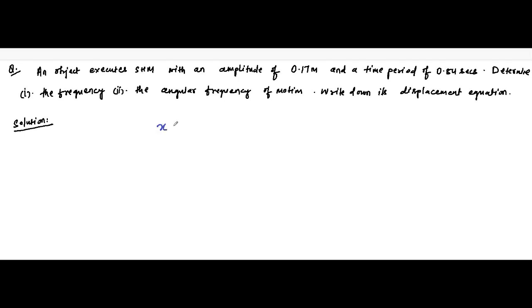Here we will write it like this: A sin(omega t plus phi). We all know A is the amplitude, omega is the angular frequency, t is the time instant, and phi is the initial phase. Nothing has been mentioned about the initial phase, no information has been given, so we will consider the initial phase as 0 radians.